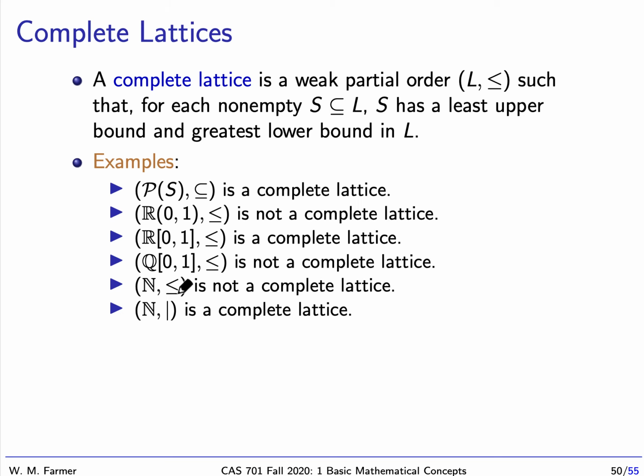If we take the natural numbers with less than or equal, that's not complete because if we take the whole set of natural numbers, it does not have an upper bound, let alone a least upper bound. But the lattice of the natural numbers with divides is a complete lattice. I'll leave it up to you to show that.